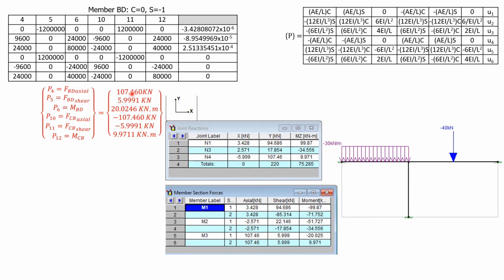For member BD, look at the results, it's the same. This is axial, then shear 5.999, then we have moment. The only difference is the sign, but they're the same. So that's it.